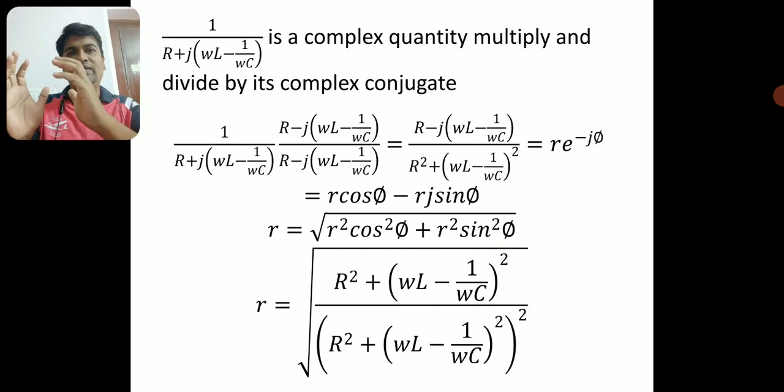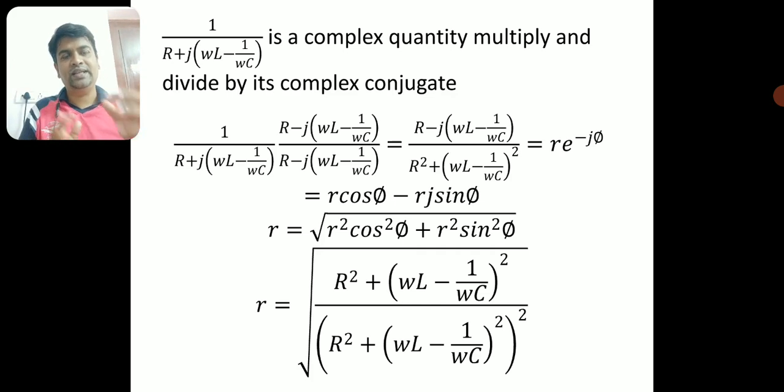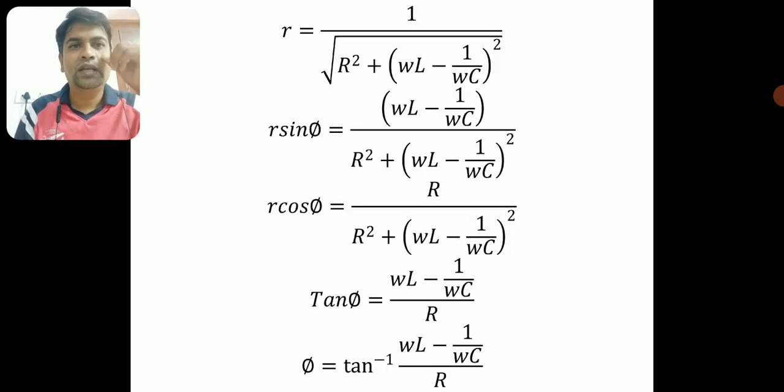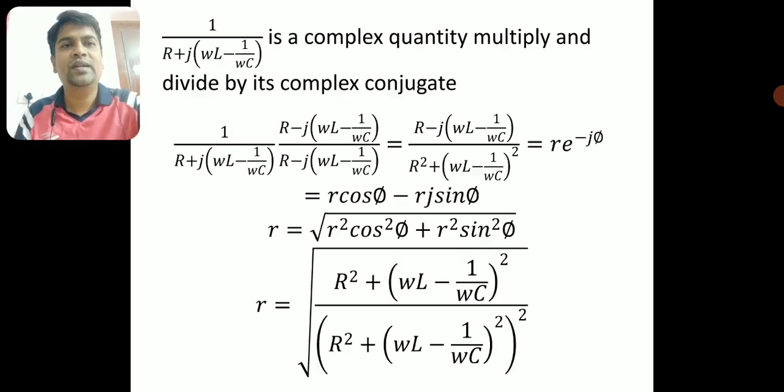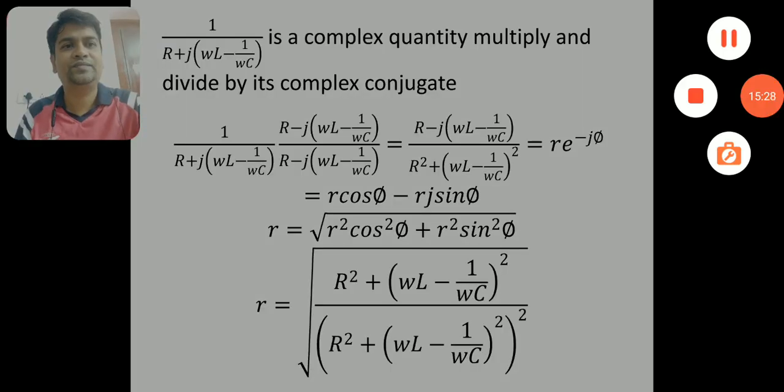r cos phi would be r by r square plus omega L minus 1 by omega c whole square. Minus is there. Okay. Now r sin phi will be omega L minus 1 by omega c divided by r square plus omega L minus 1 by omega c whole square. That is what I have written here. Okay. So r sin phi will be this and r cos phi will be this. I'll go back and check.